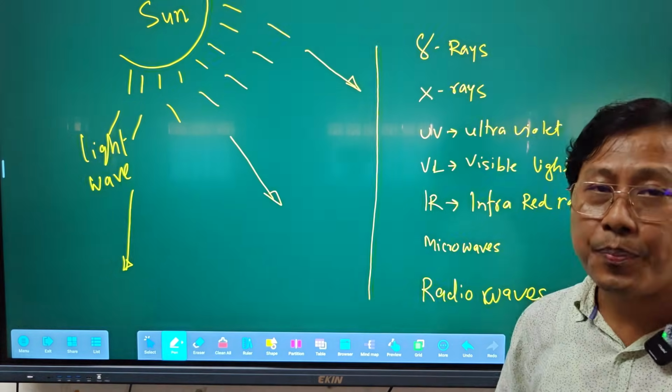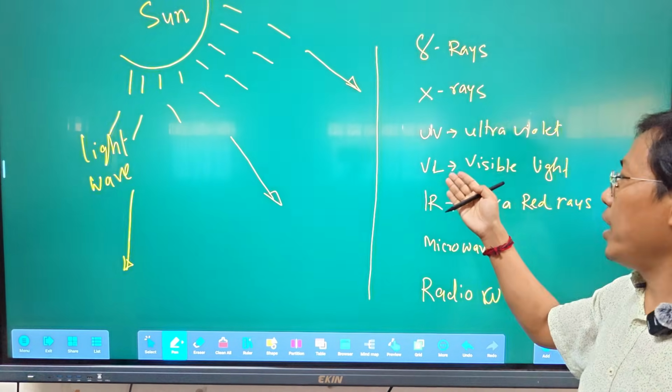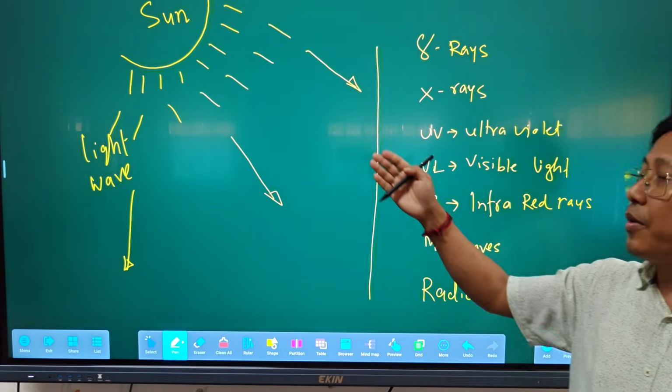Okay. So these are the waves which are coming from the sun.